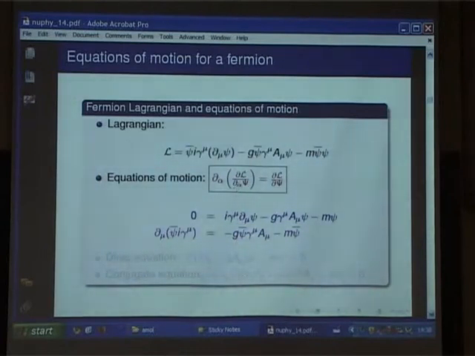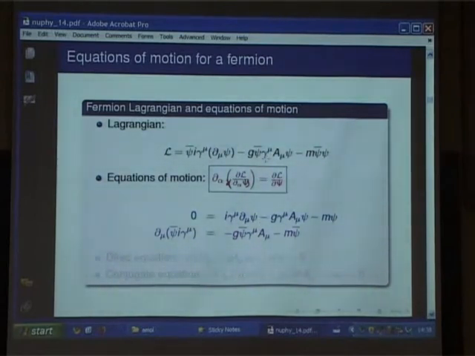So the left hand part is zero, because there is no term that looks like del_alpha of psi bar. The only thing we need is del L by del psi bar, which is straightforward. The first term just gives me i gamma^mu del_mu times psi.